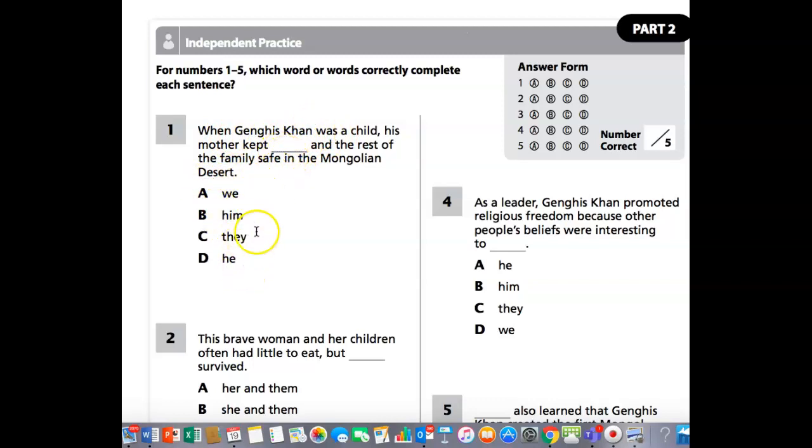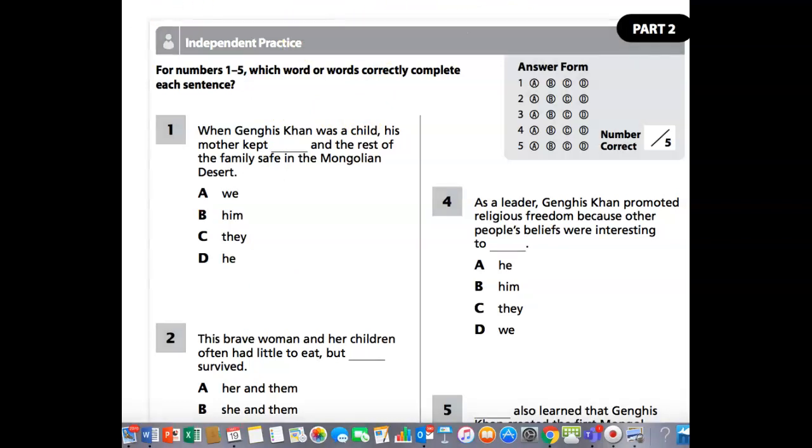Well, they and he are subject pronouns, so we're not going to use them. It would be kept him and the rest of the family safe in the Mongolian desert. Okay, so when Genghis Khan was a child, his mother kept him and the rest of the family safe in the Mongolian desert. All right, let's go on to number 2.